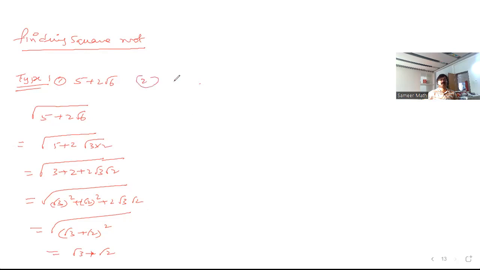One example. I want to take a minus example. 11 minus 2 root 30. How to do? Square root is nothing but 11 minus 2 root 30. See here, 2 into 15 is also there, but when you add, you are not getting this one. So 3 into 10 also is there, but not getting this one. Now 5 6s are 30. Fine.